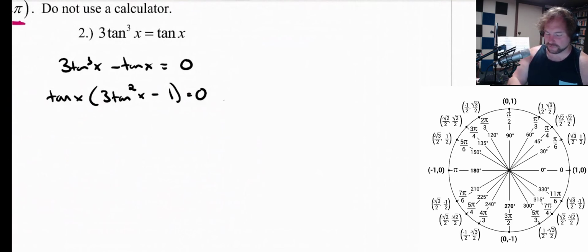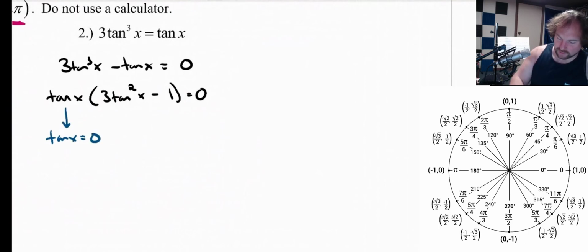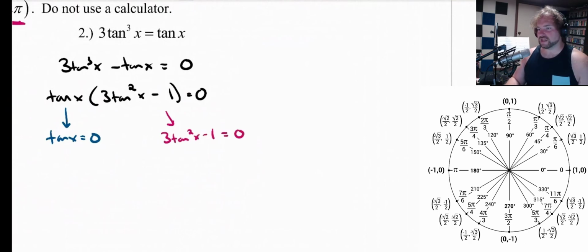And of course, now we need to consider the places where tangent of x is equal to 0. And we also need to consider the places when 3 tangent squared of x minus 1 equals 0. Now, tangent is a little harder to think about since tangent is itself kind of a function here.